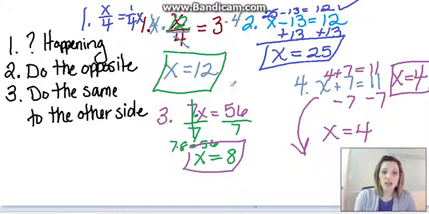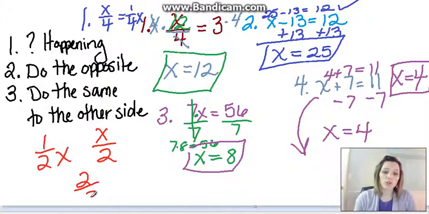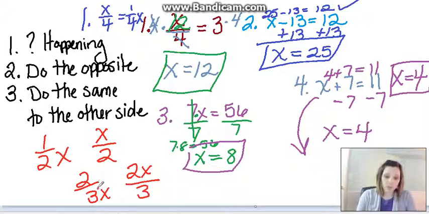Whenever I see something like 1/2 times x, I immediately change it and rewrite it as x over 2. If you have 2/3 x, you can immediately change it to 2x over 3. You can move that x if it's right next to it, and sometimes it looks like it's on the bottom when I write it, but you will see in a line or in a book that it'll be next to it. So that means the same thing. So make sure you are aware of that.